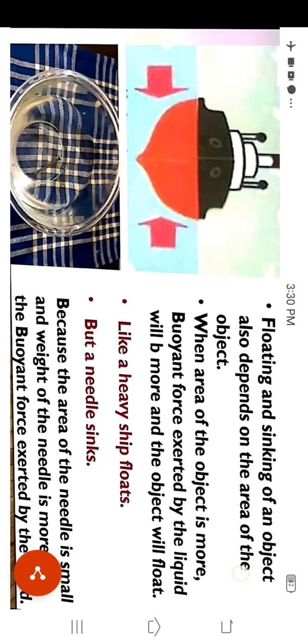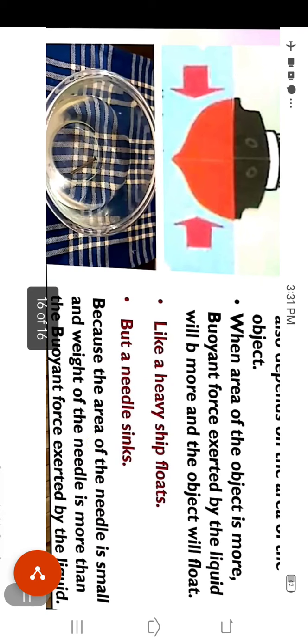Floating and sinking of an object also depends on the area of the object. When the area of the object is more, the buoyant force exerted by the liquid will be more and the object will float, like a heavy ship floats.